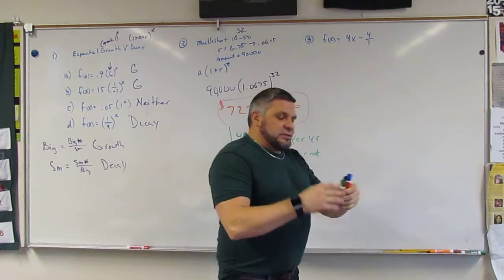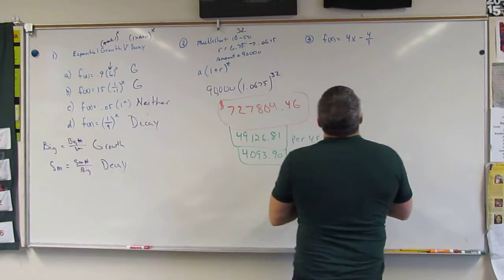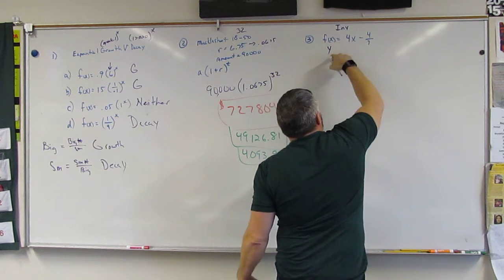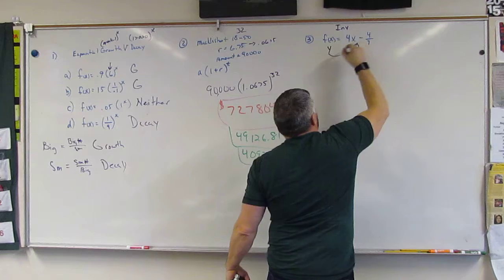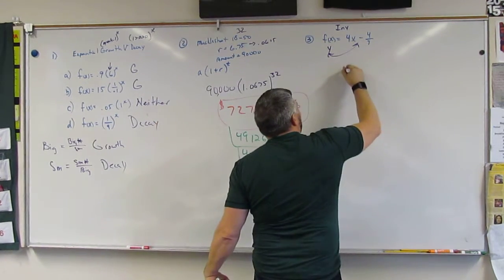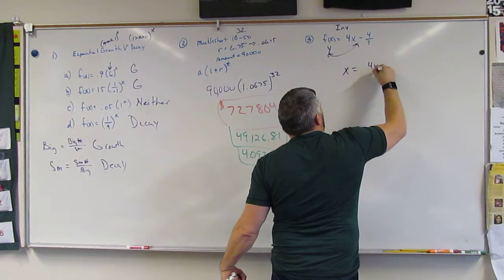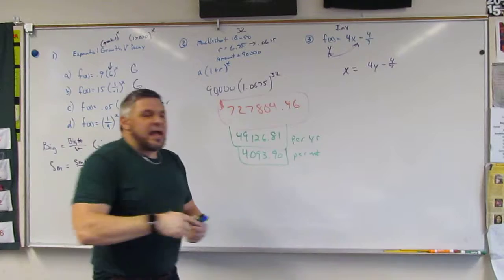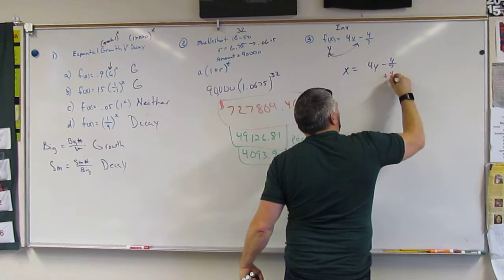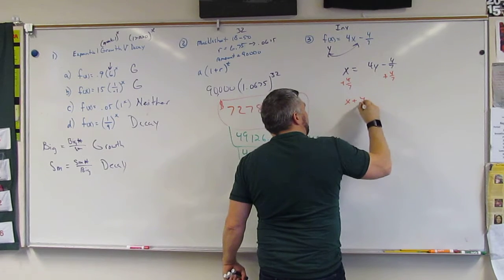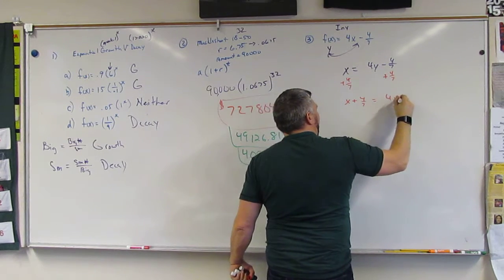All right, inverses. An inverse means that we're going to make this a y, and then we're going to switch the x and the y. So we have x is equal to 4y minus 4/7. Then we're going to add 4/7 and get x plus 4/7 equals 4y.